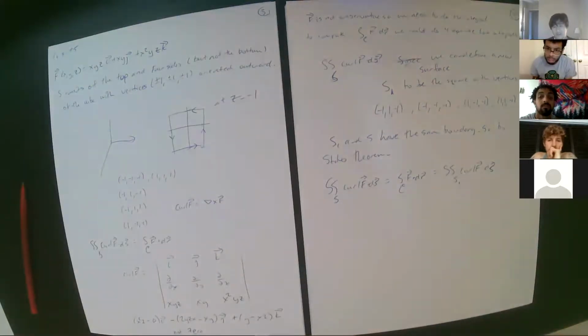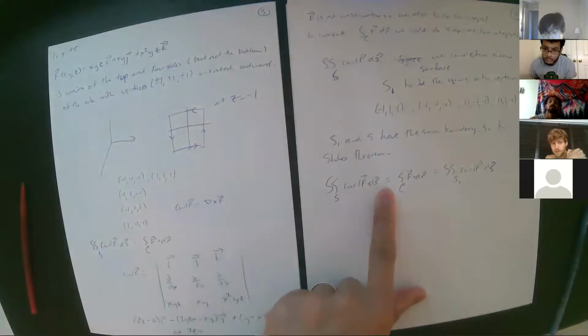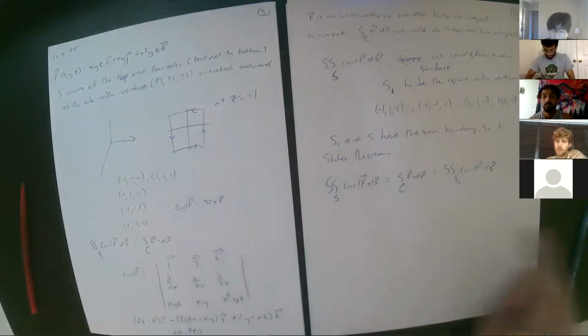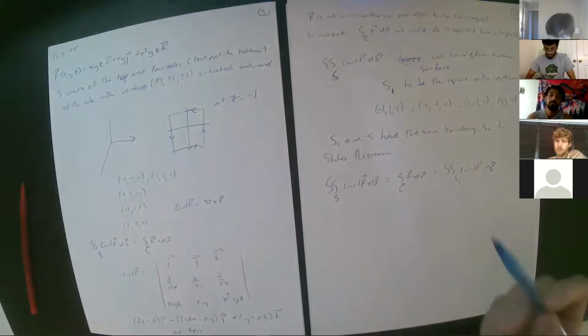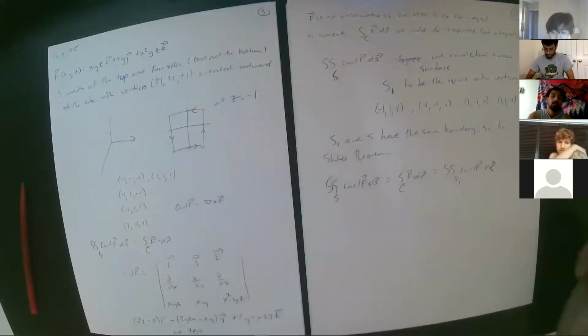Does that make sense? So we use Stokes' theorem twice here. Stokes' theorem gives us this equality, and it gives us this equality. And this is a much easier surface to integrate over, right? Just a flat square.